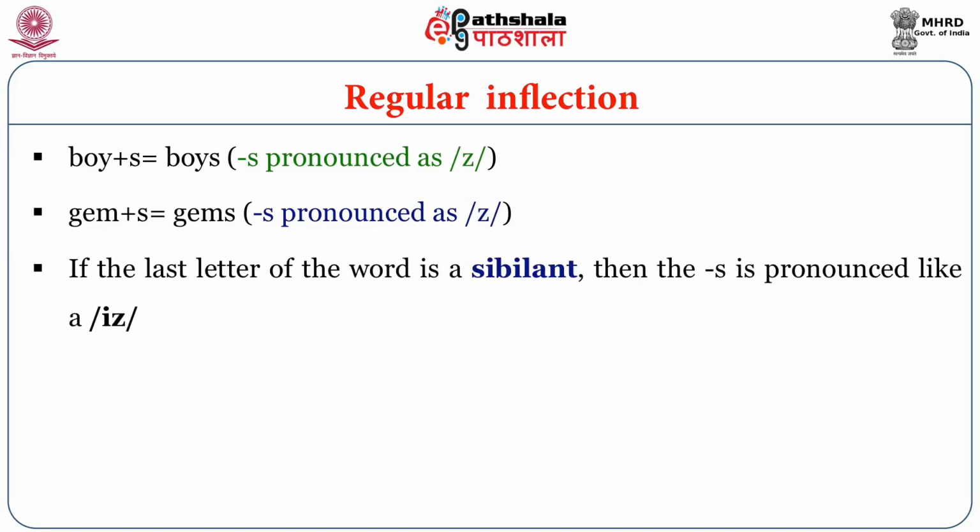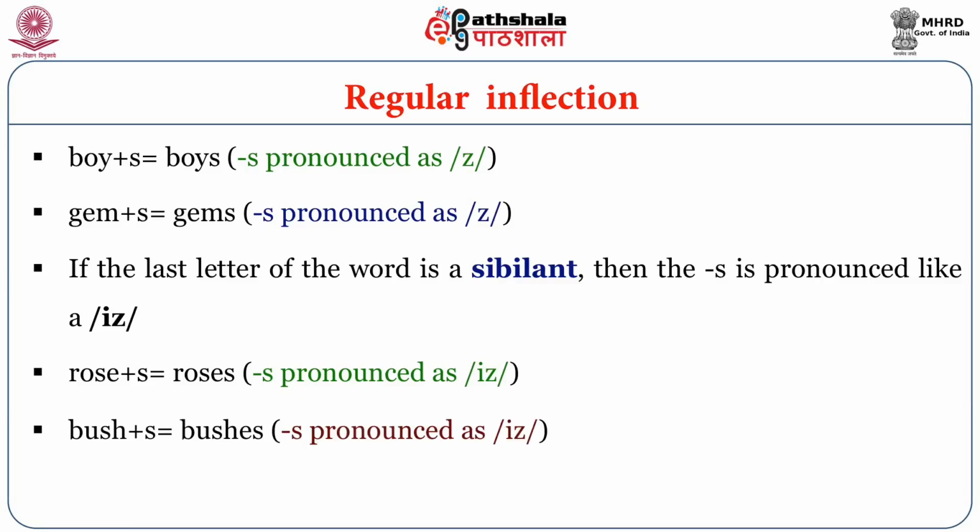If the last letter of the word is a sibilant, then the S is pronounced like iz, roses, bushes. The word is R-O-S-E-S, roses. It's pronounced as iz, roses.